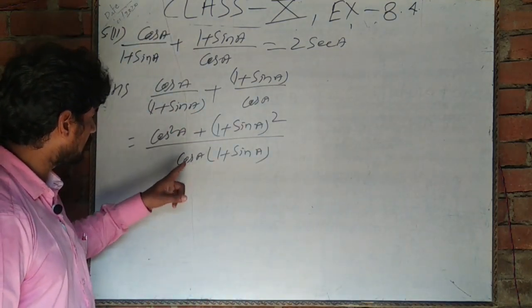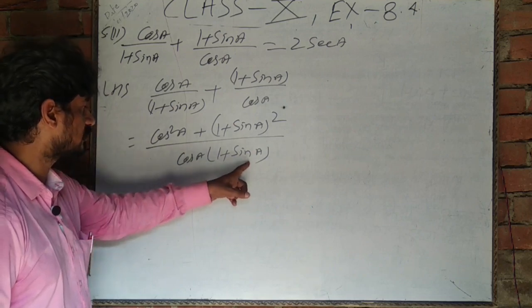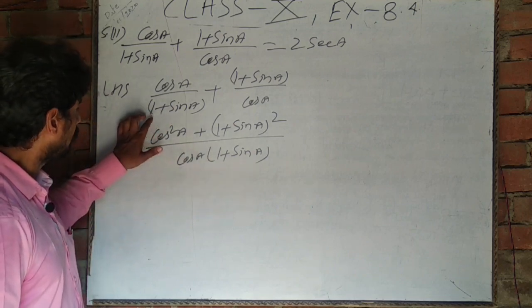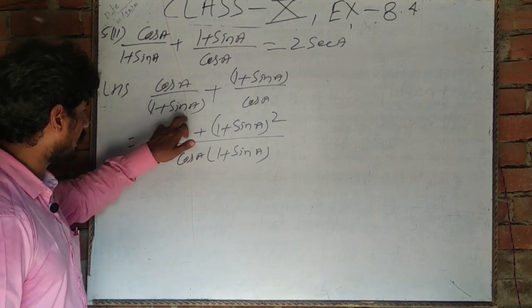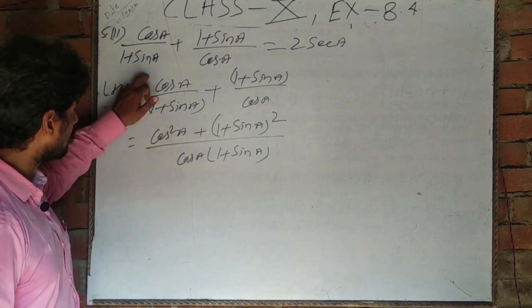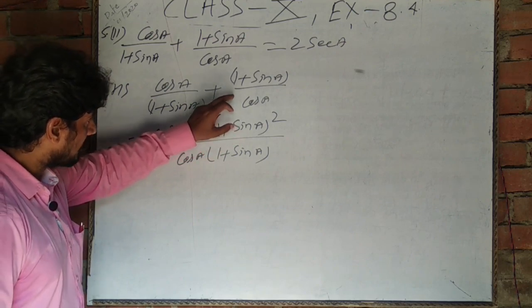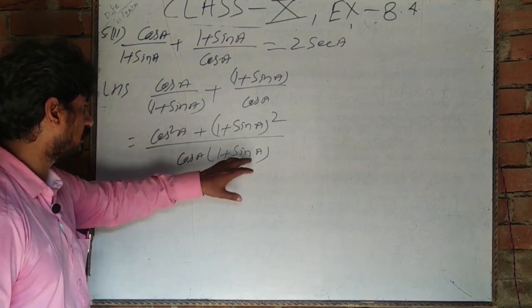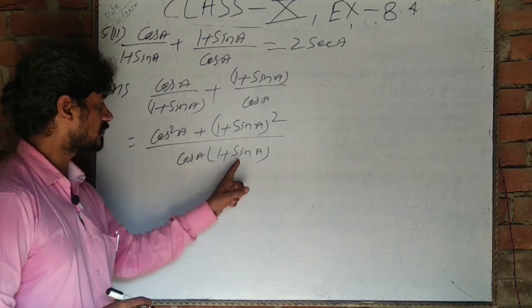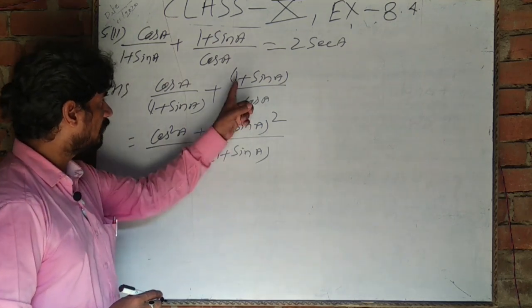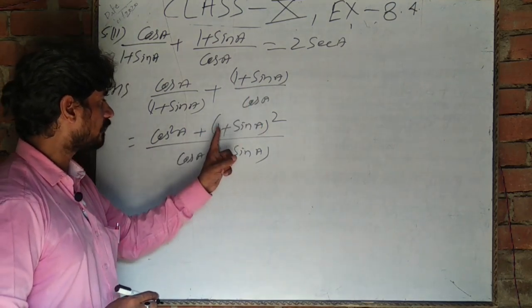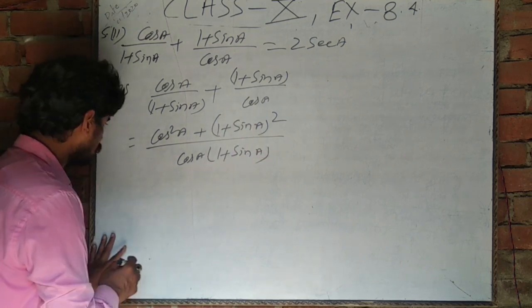Because when LCM is cos A into 1 plus sin A, and we will divide this by 1 plus sin A, we will get cos A. Cos A into cos A is equal to cos square A. Plus, cos A into 1 plus sin A divided by cos A into 1 plus sin A, then we will get 1 plus sin A, and 1 plus sin A will be multiplied by 1 plus sin A, then we will get 1 plus sin A whole to the power 2.